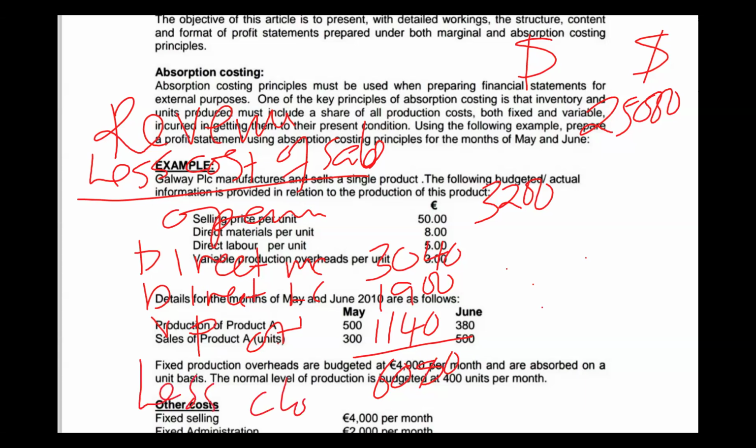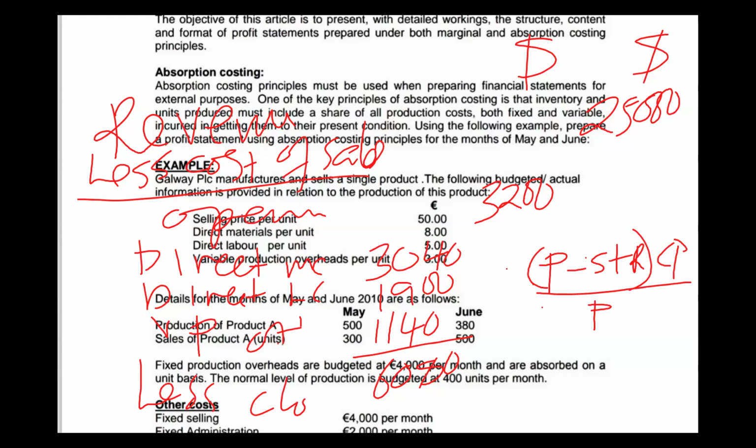The closing inventory. Now the closing inventory is the units produced minus those that are sold, usually plus the remainder from the previous period in terms of the units, times the cost of production divided by the production units. You get it, right?